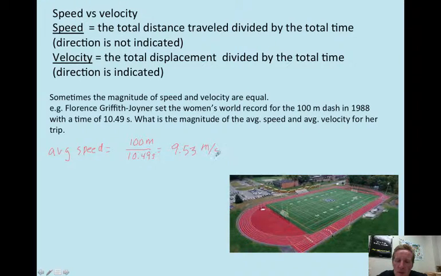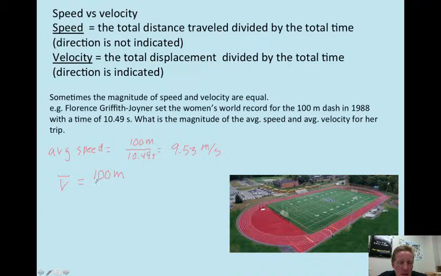Then let's do average velocity. Again, since she's going in a straight line, we can use these 100 meters.